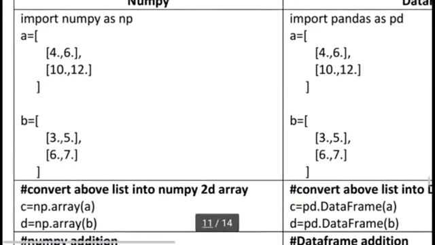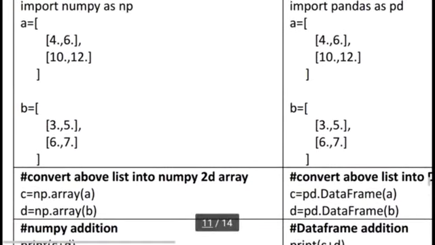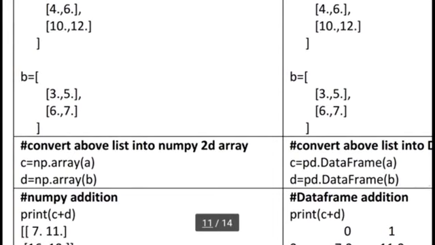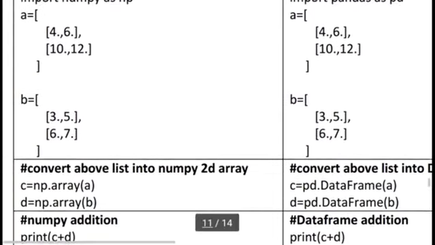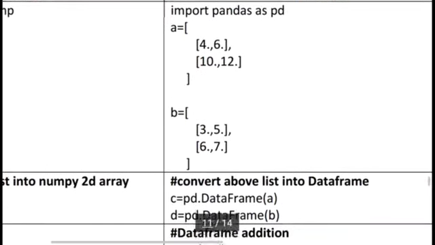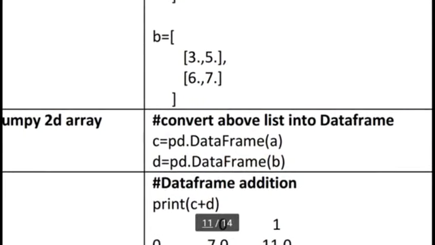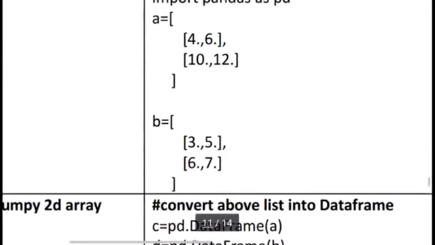For converting this data into a NumPy array, we use np.array(A), and the final result is stored in C. For B values, we use np.array(B), and the final 2D array is stored in variable D. We already know this thing, but here I want to convert this data into a data frame. So instead of np.array, I am using pd.DataFrame. It is important. I want to convert this data into a data frame.